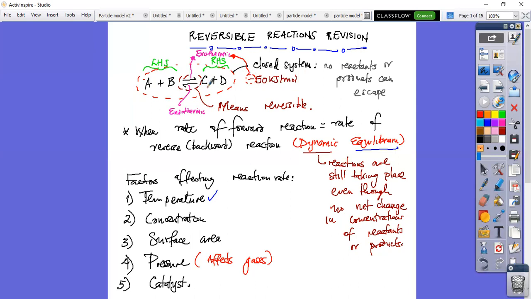So therefore, in the endothermic direction, the amount of energy that would be absorbed in this direction would be plus 50 kilojoules per mole. Okay, in the endothermic. So if you change the temperature, for this particular reaction, if you increase the temperature, well, this system is going to want to what?